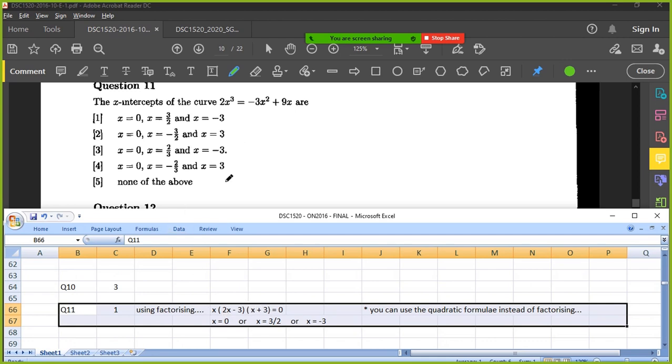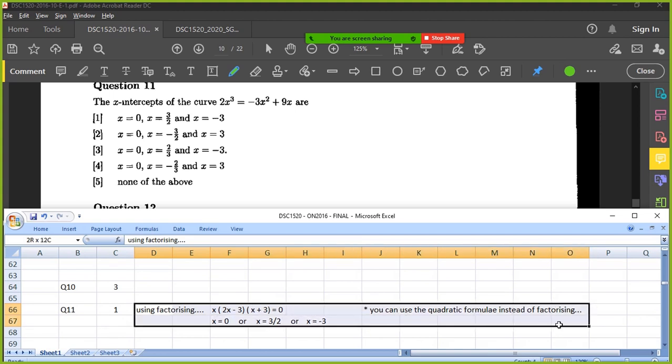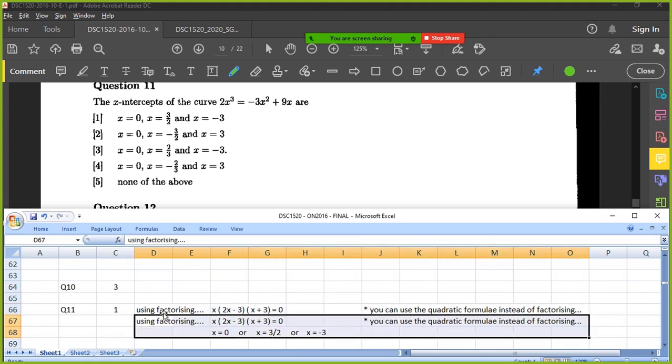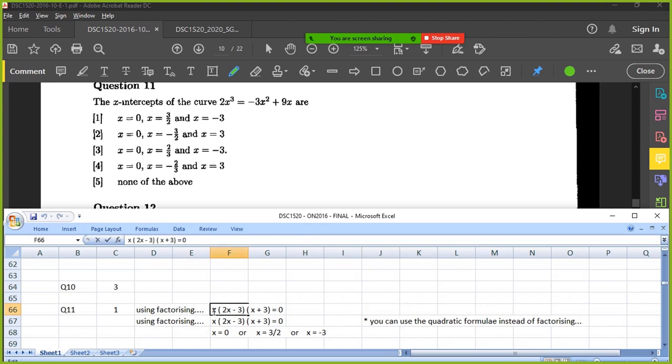Here you can factorize. So what I did is I took everything to the left, made it equal to 0, and then obviously I factorized. Maybe I should have added a step here. 2x to the power 3 plus 3x to the power 2 plus 9x.